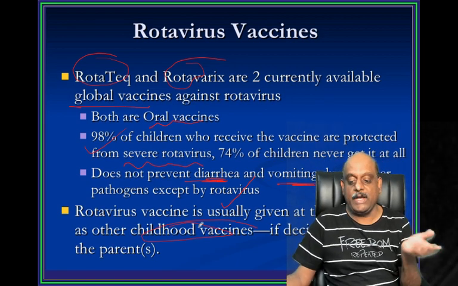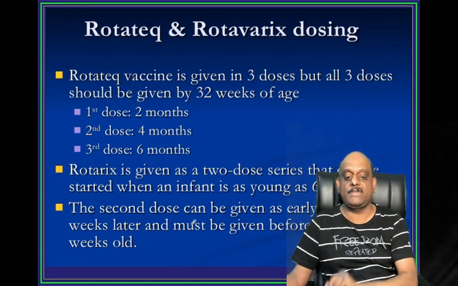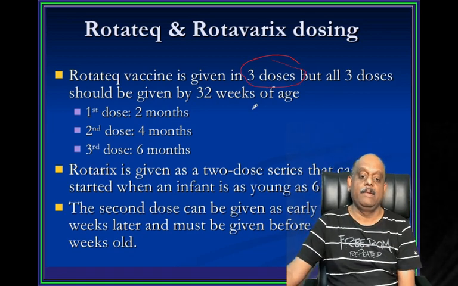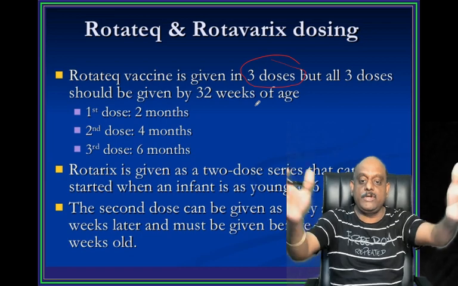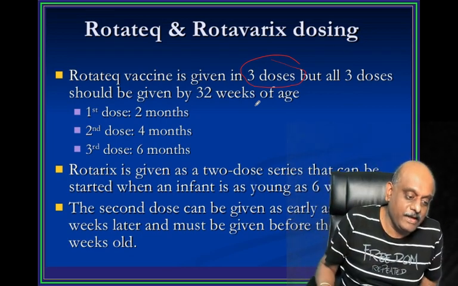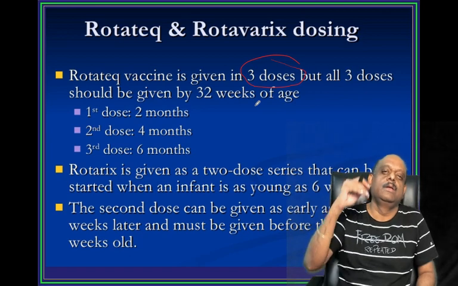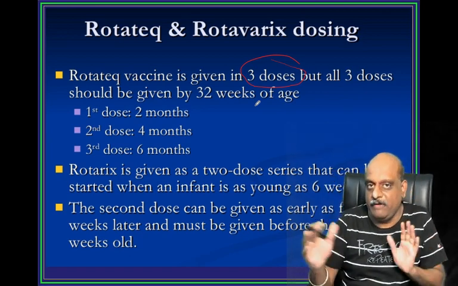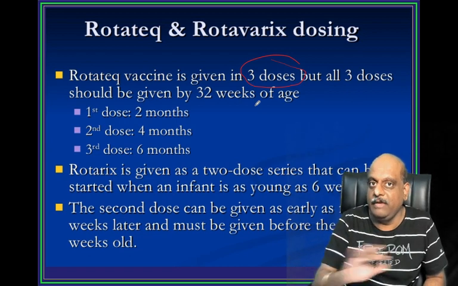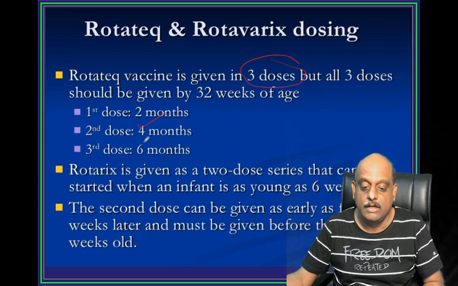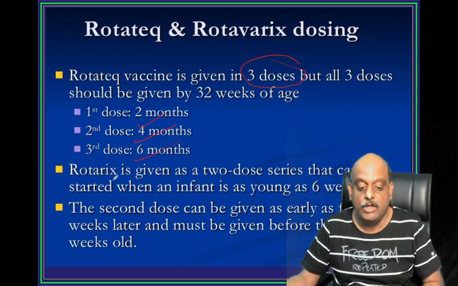Along with the other childhood vaccines, rotavirus can be given. It is given in 3 doses, but all the 3 doses should be given by 32 weeks of age. That means between 5 to 6 months, 32 weeks of age, you have to finish. First dose at second month, second dose 4th month, third dose 6th month.